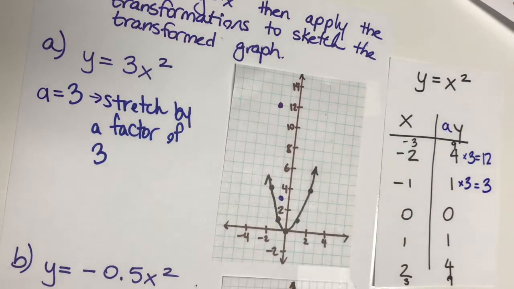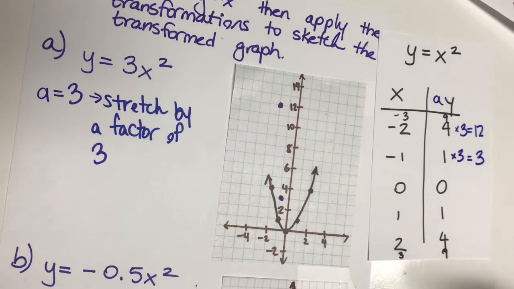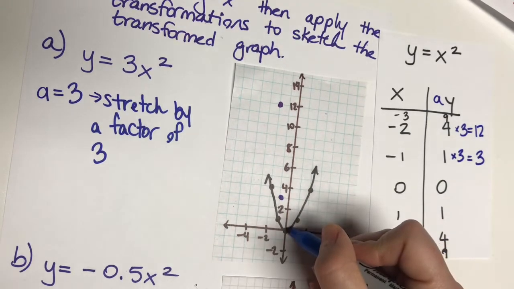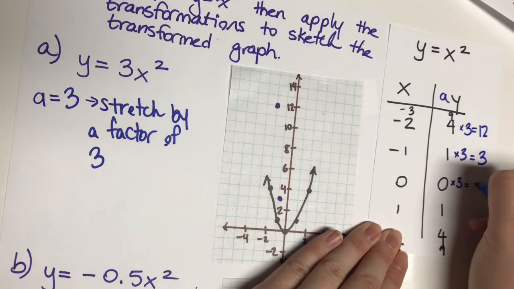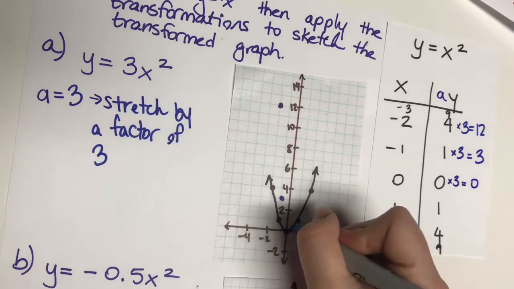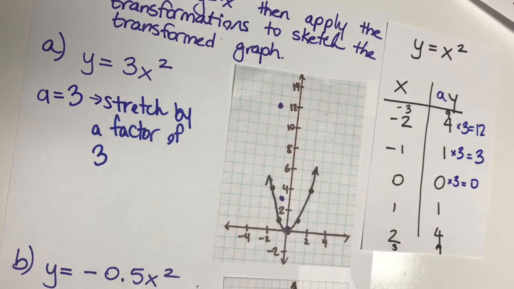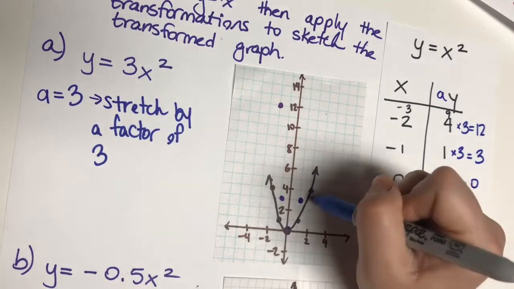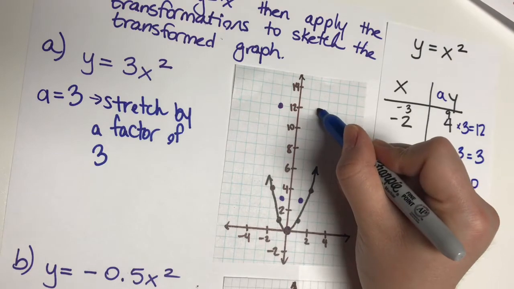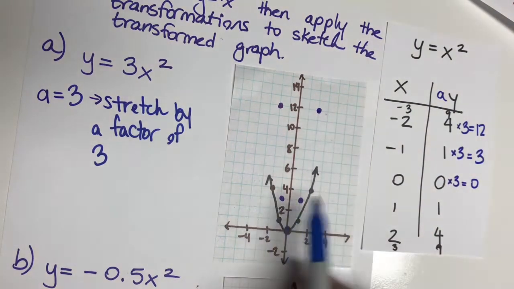My x values don't change. 0 times 3 is just 0. So this is going to stay where it is. 1 times 3 is 3. And 4 times 3 is 12. And it's still symmetrical.